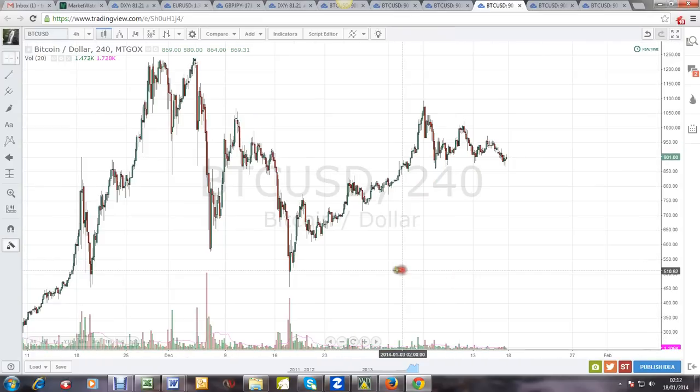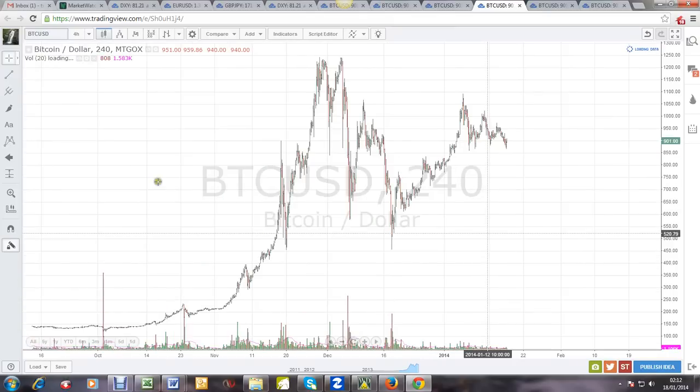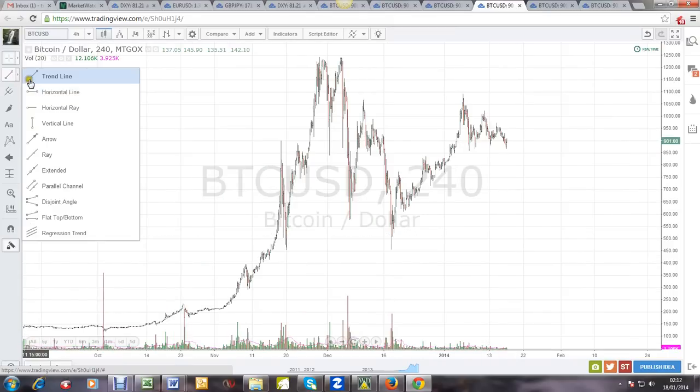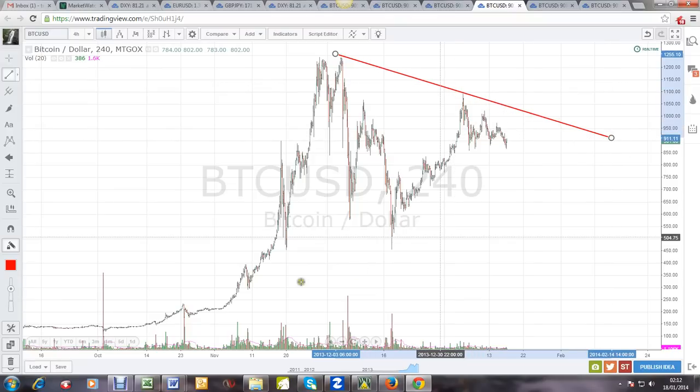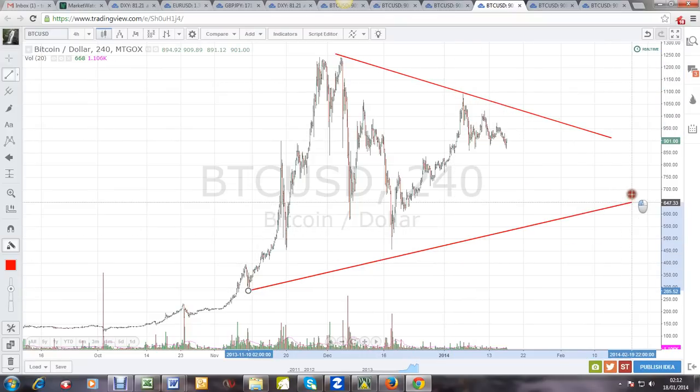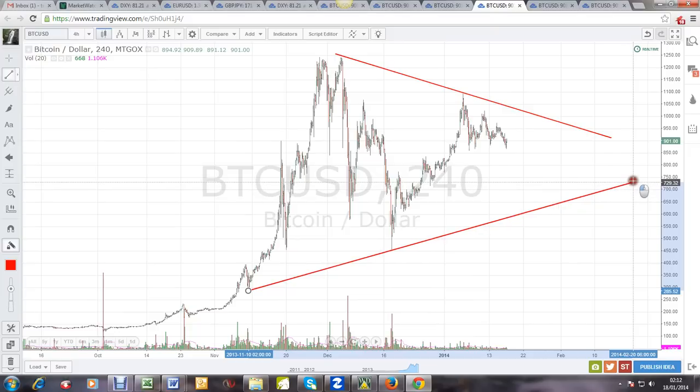So here he was saying that we might see this happening. I don't know how likely this is, but he is doing this here. He's saying that, and then he's drawing a triangle from here, right? Now that could still play out, but it's not a good triangle, because normally when you have a triangle like that, you don't draw it from there, because if this is the wave 4, then as an alternative view you could have A, B, C down, then potentially you get A, B, C up, in which case now you should see A, B and C down, right?